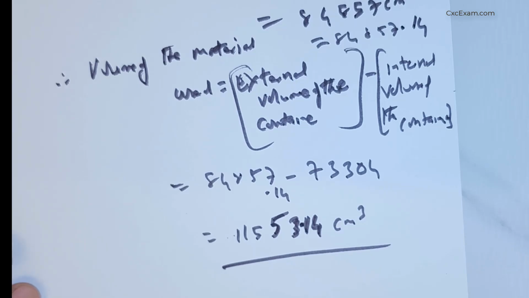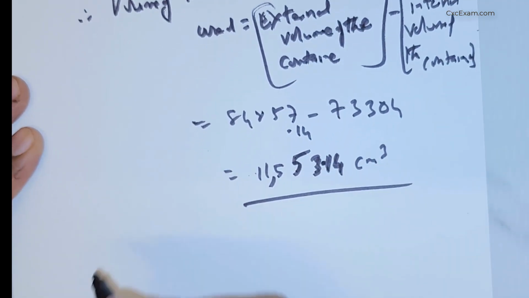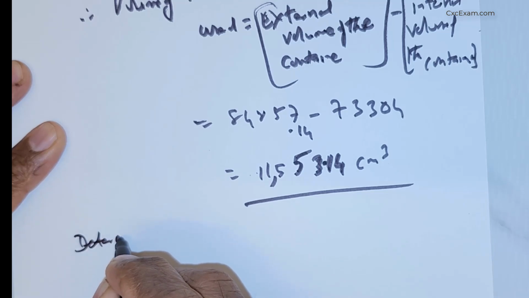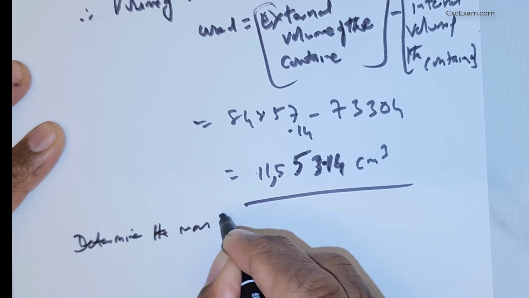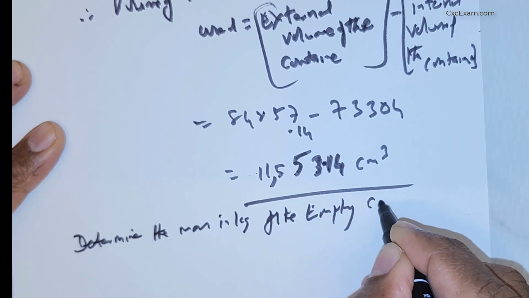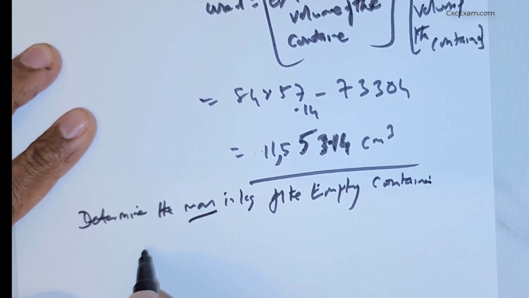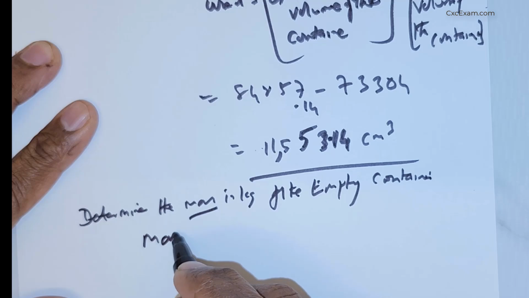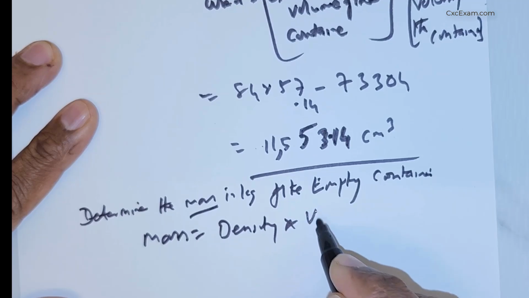So with that, we move on to the next question. We have to determine the mass in kg of the empty container. For getting the mass, we use this formula: mass is equal to density times volume.